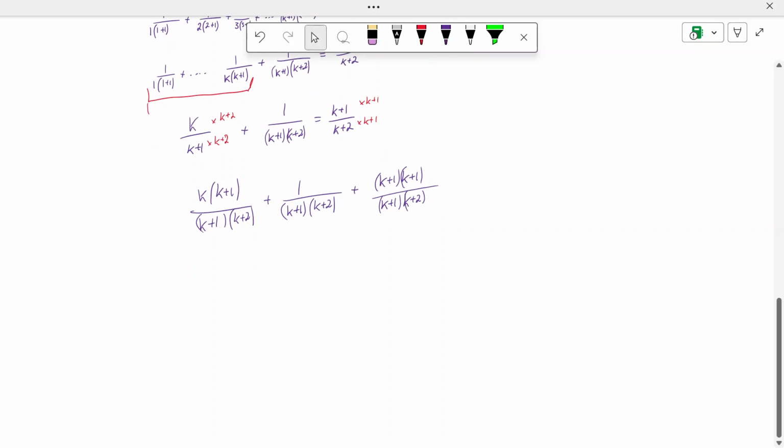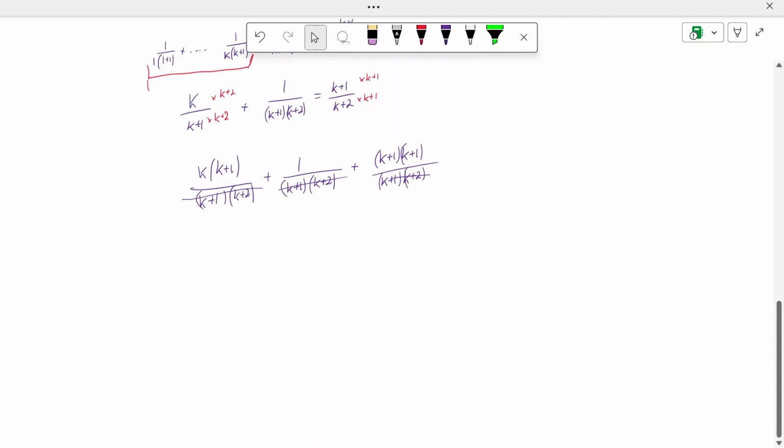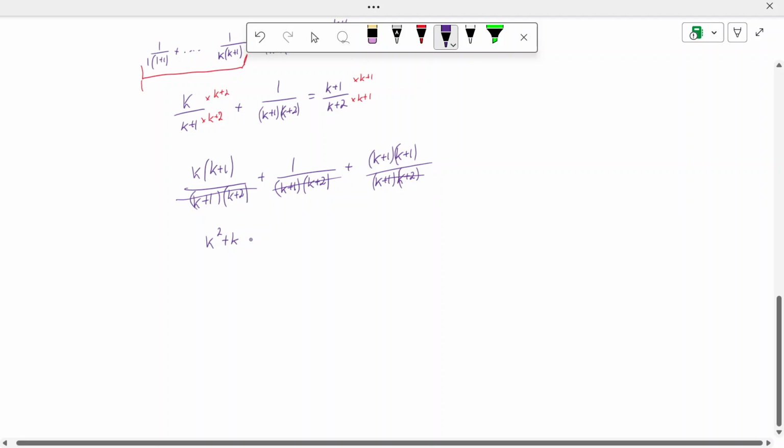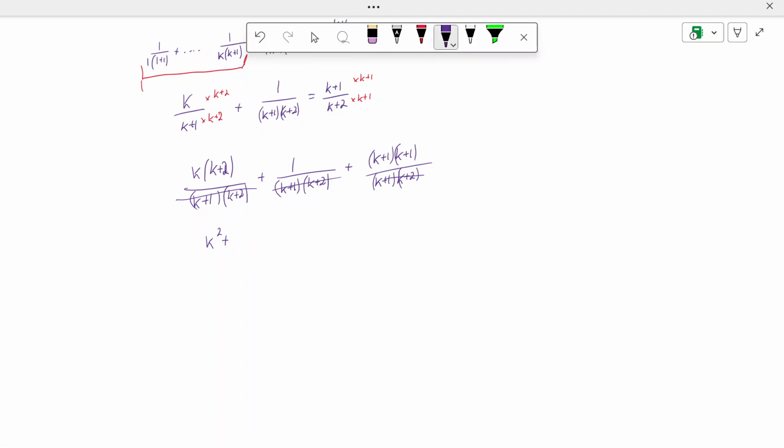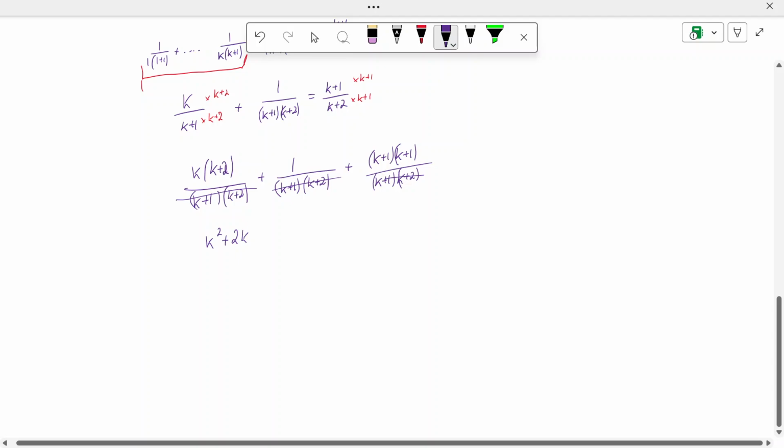Now I don't care about the fact that all my denominators are the same. I can get rid of that. I'm going to distribute all of this now. So my left hand side looks like k squared plus k plus 1. Oh, sorry, I did a silly thing. This is a k plus 2. So that means it's going to look like k squared plus 2k plus 1.